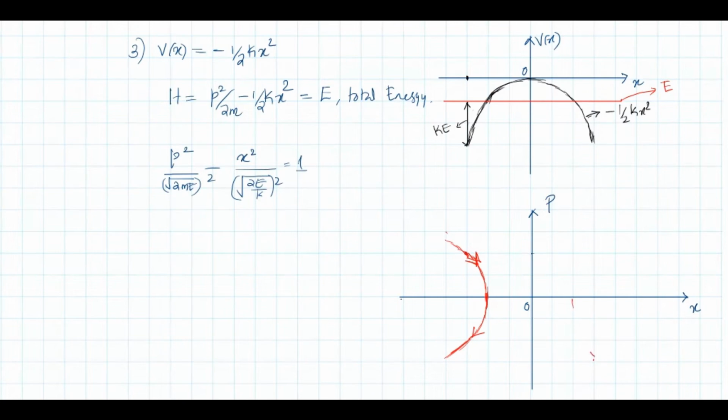Its momentum decreases to 0 at this point, then it goes back, which means its momentum is positive and it moves in the positive x direction. So the trajectory will be something like this. So it is a hyperbola.